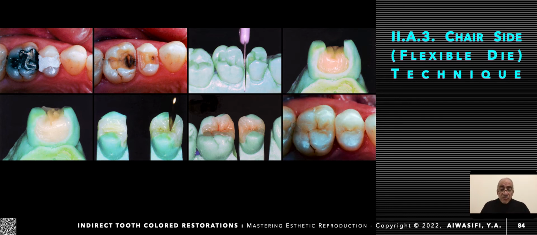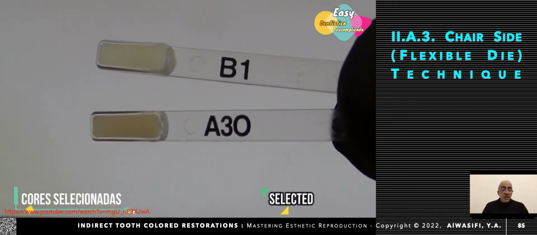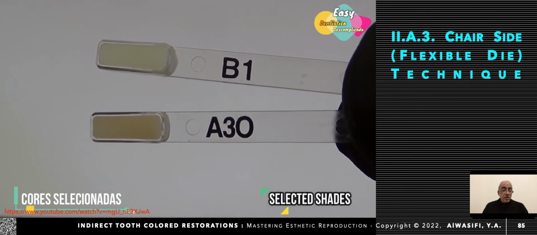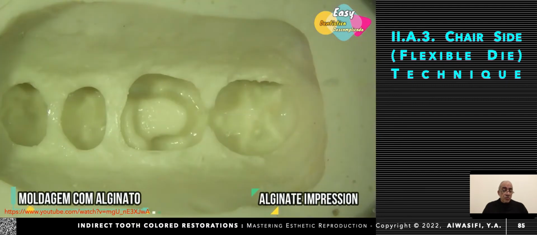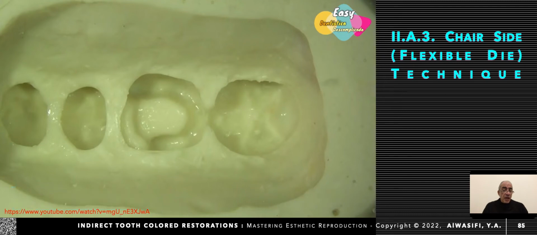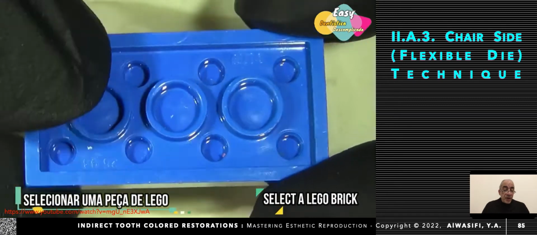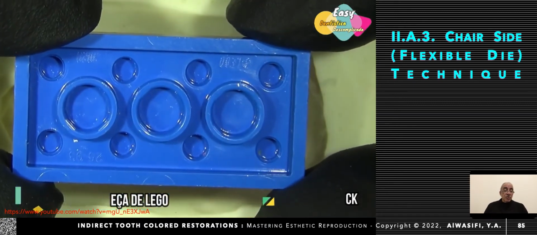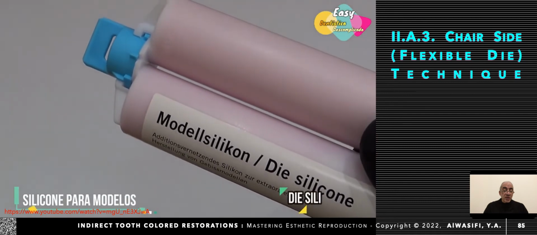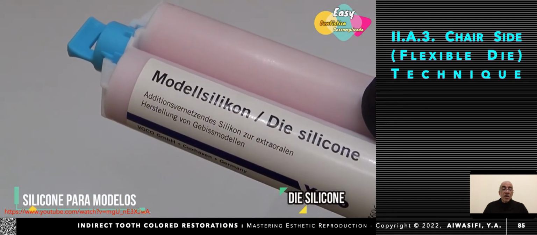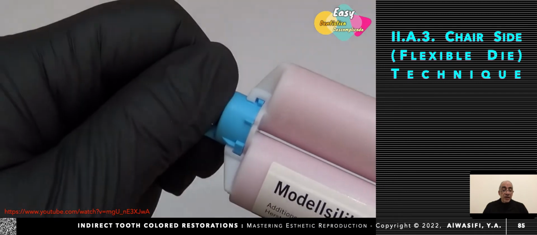In the coming video, we could note this technique. After shade selection, the operator here selected to use an alginate impression and poured it with a special material. This is a logo brick that will be used just to identify the position of your removable die. It's like a die lock tray used for forming a removable die to construct a wax pattern.